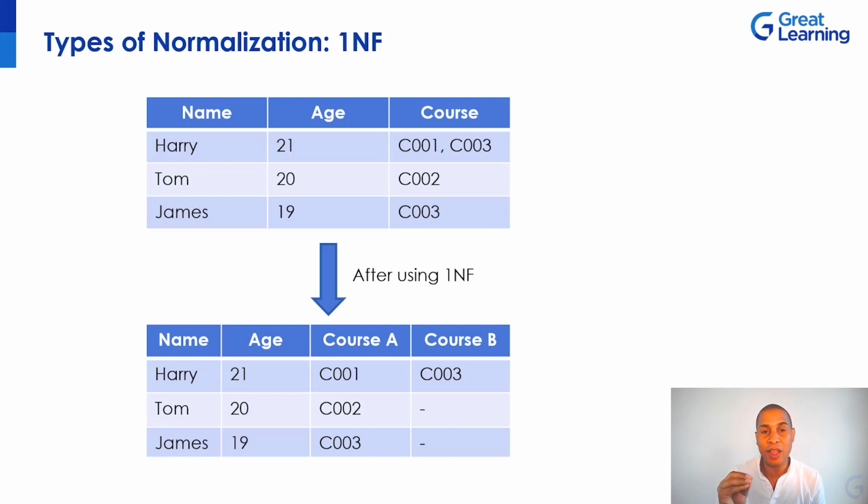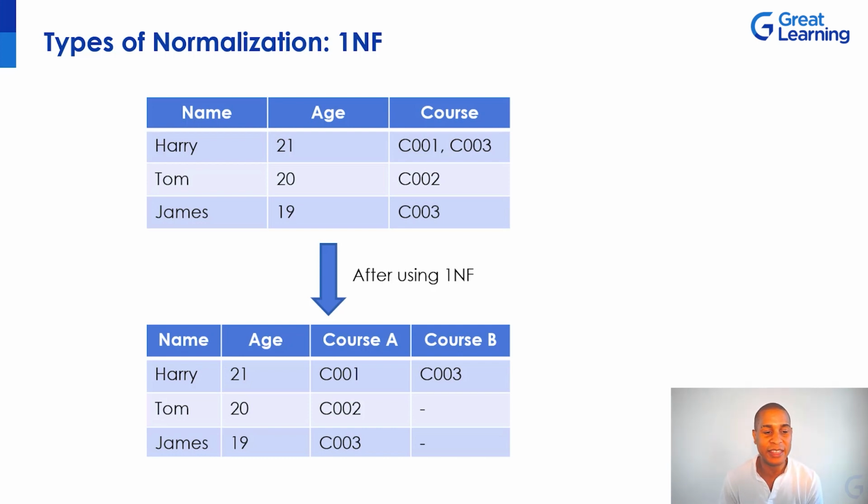So the transformation that we would do is ensure that we have unique columns for each of the value types. So we know that course A is our first course and course B is our second. Then we are following the first normal form by having atomic values and unique columns, and we don't have values that can be separated.